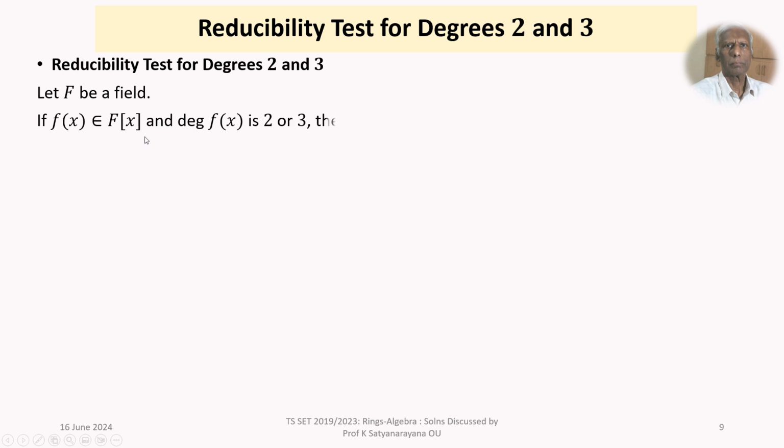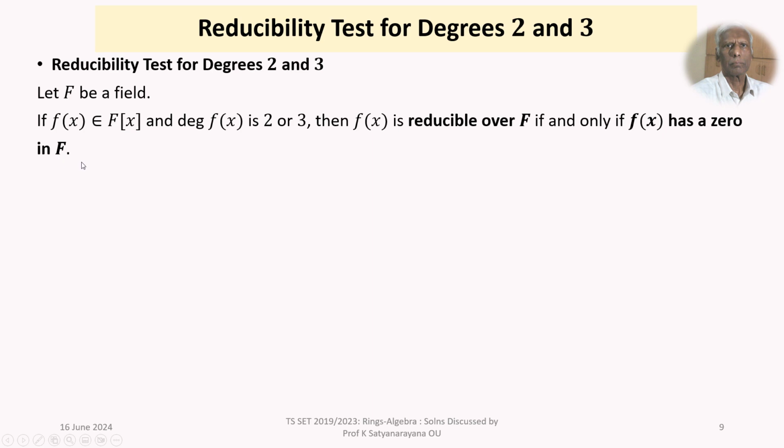If f(x) belongs to the polynomial ring F[x], and the degree of f(x) is 2 or 3, then f(x) is reducible over F if and only if f(x) has a zero in F. This test is applicable only for polynomials of degree 2 or 3.